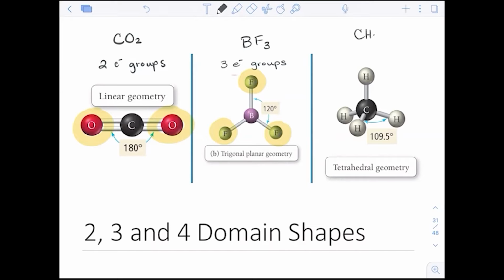Now, CH4, our 4 electron group example, looks at carbon in the center and says, yes, if there are 4 hydrogens all around him, we're not going to be planar anymore. We're not going to be flat. What we actually pop into is a tetrahedral geometry.